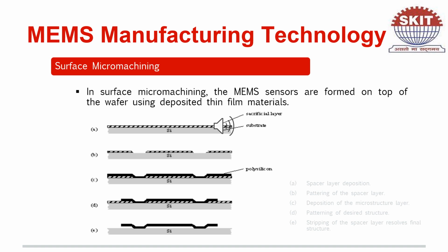In image D, we can see the patterning of the desired structure has been done using the same process, like masking, etching. In figure E, the stripping of the spacer layer results in the final structure. So this is the surface micromachining technique.